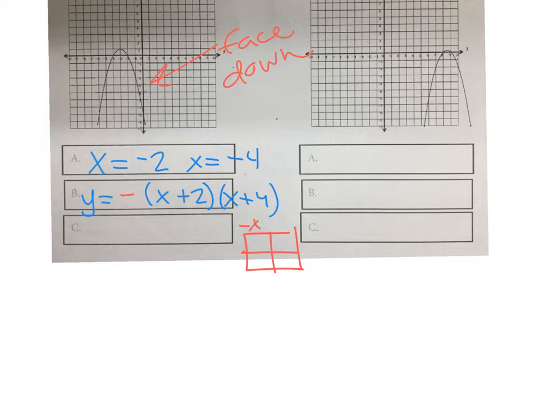So when I do that, that gives me -x and -2. This factor is going to stay the same. So that's going to give me -x squared, -2x, -4x, and -8. So my standard form would be -x squared minus 6x minus 8.